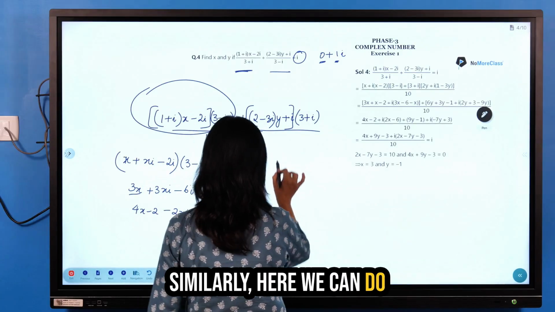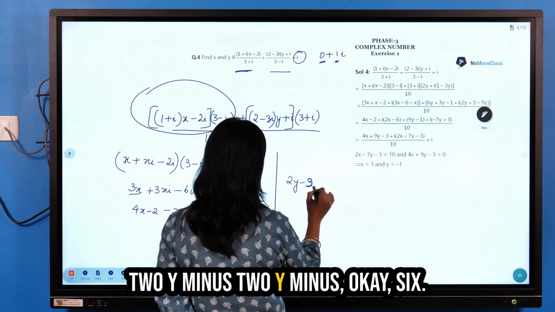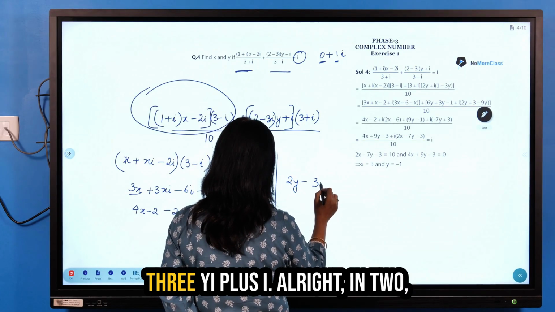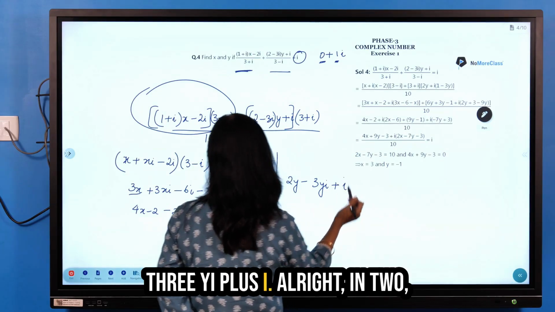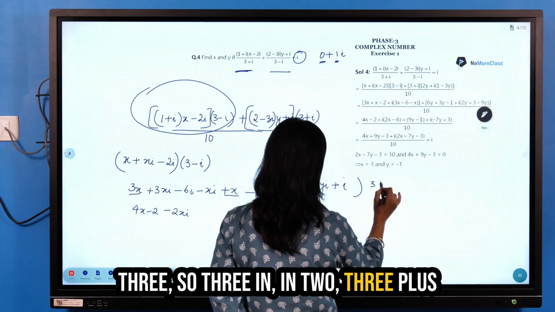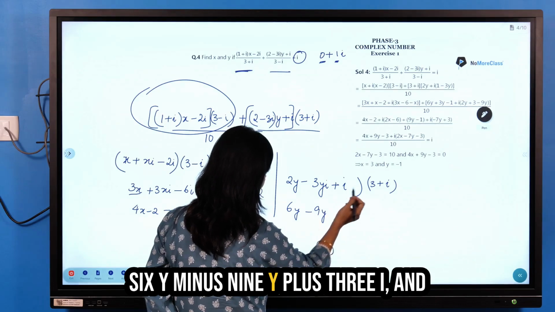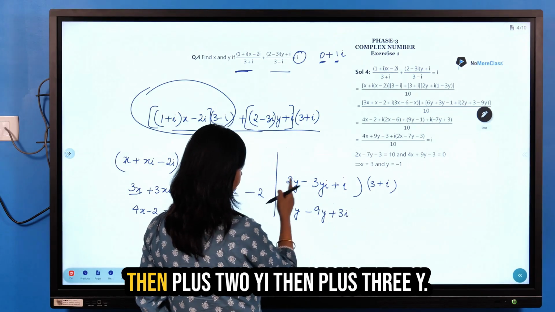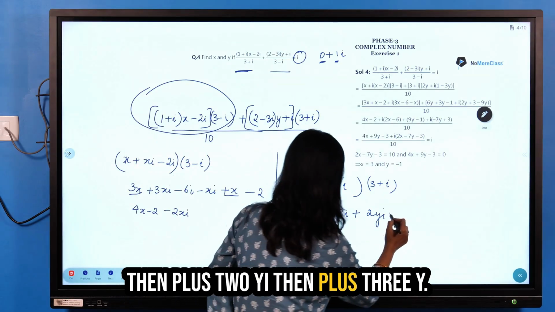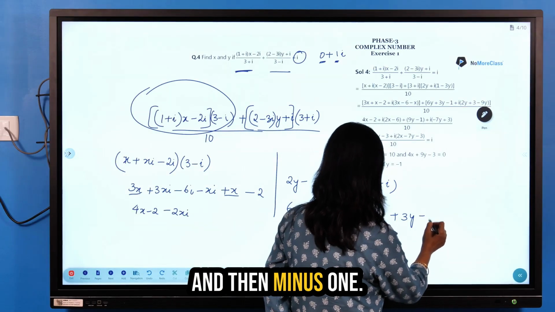Similarly, here we can do 2y minus 3yi plus i, into 3. So 3 into (3 plus i) we have to do. So 3 into 2, 6y minus 9yi plus 3i and then plus 2yi then plus 3y and then minus 1.